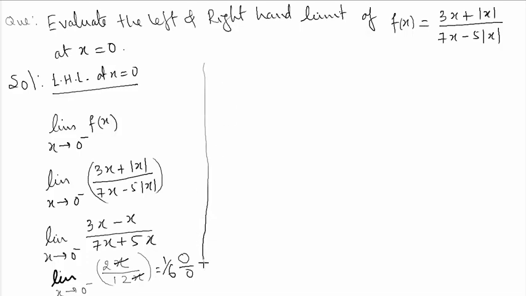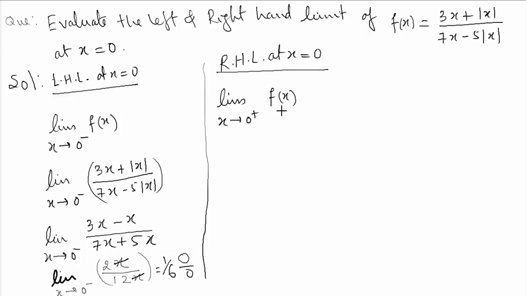Let us move on to the right hand limit. Right hand limit at x equal to 0. We can have the limit expression for right hand limit: x tending to 0 plus f(x). This is the expression for right hand limit.